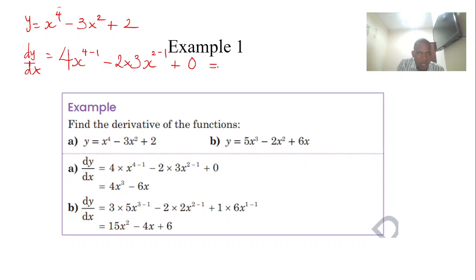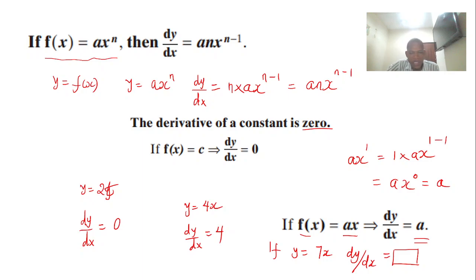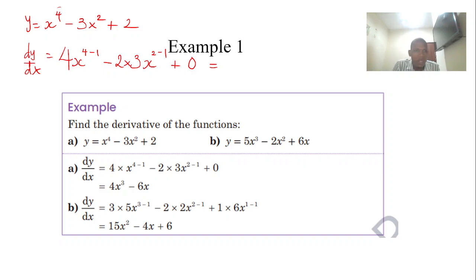Why? Because 2 is a constant. Don't forget law 2 says the derivative of a constant is 0. So I differentiated each term. Now this gives us 4x cubed minus 6x. That's all. So this is the final answer.